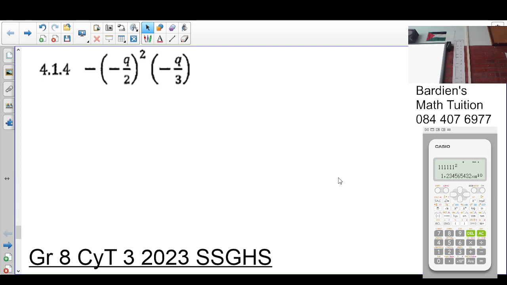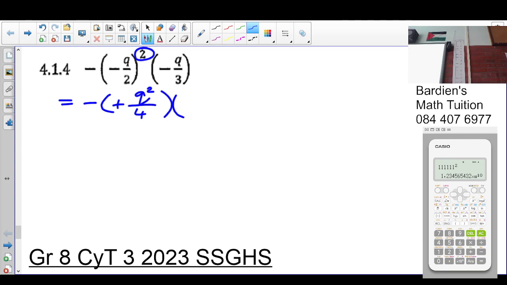It's fine. Okay. So, square, people, must you multiply that thing first? No. We first sort that square out. So negative to an even exponent, positive. Q squared over 2 squared, 4. Minus Q over 3.